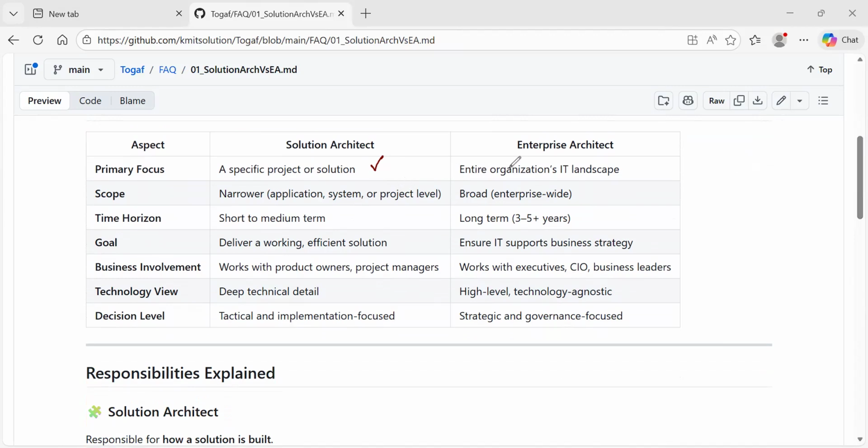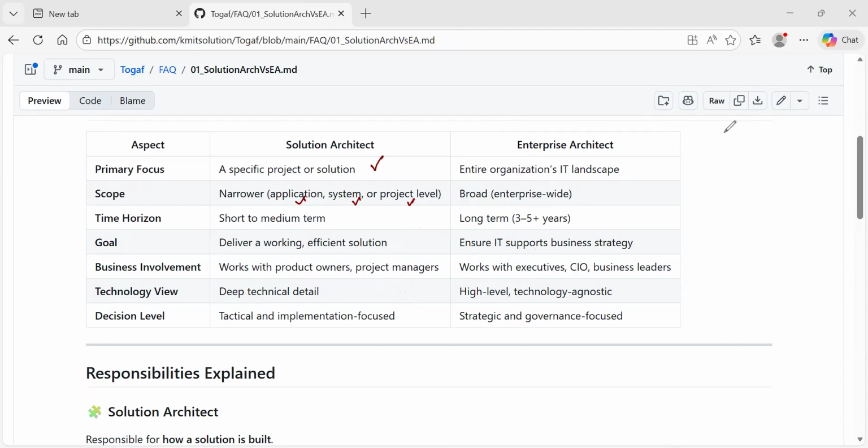Whereas the enterprise architect provides the entire organization's IT landscape, business segment, and capability, those kinds of solutions. Scope: the solution architect has a narrow scope as compared to the enterprise architect because it is related to a certain application, system, or project level. And the enterprise is long term.